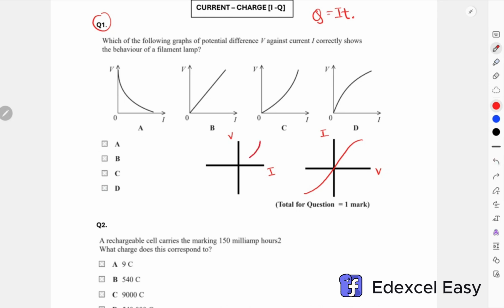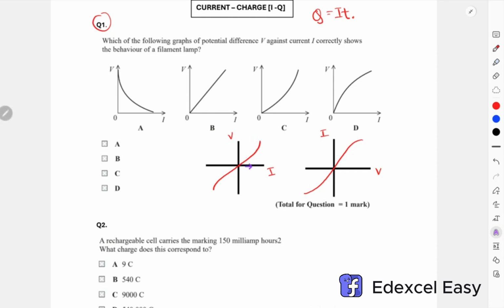This kind of shape again indicates that for the initial part, a very small increase in voltage gives a very large increase in current, and for the final part, a very small increase in current comes with a large increase in voltage, right? So that concept is still the same: for the initial section current increase is very high, for the final section current increase is very small.